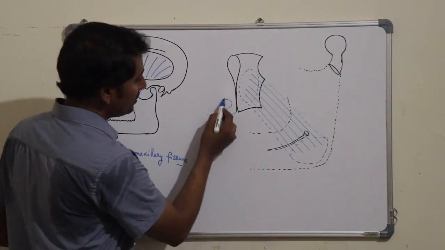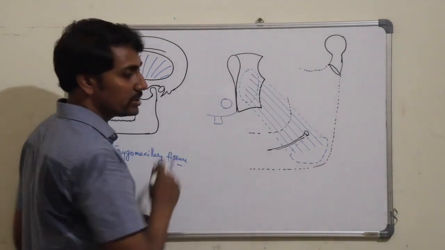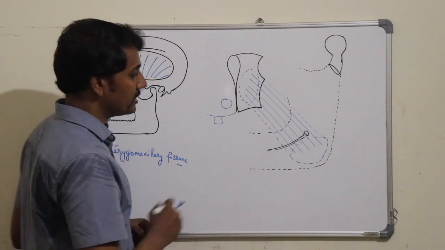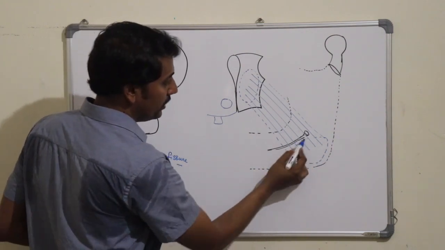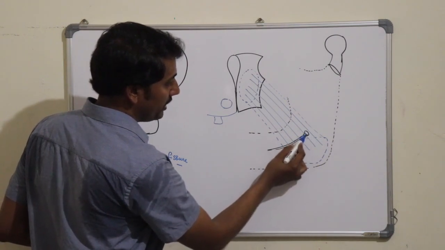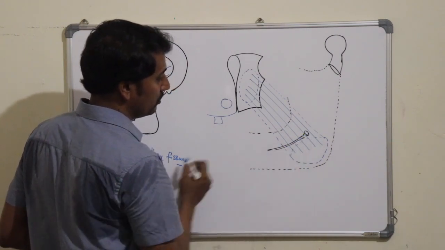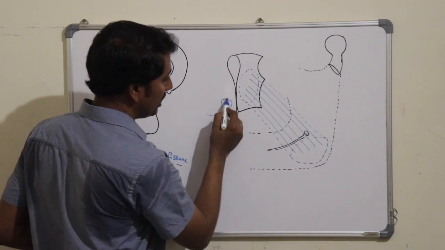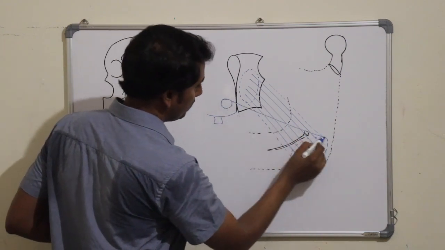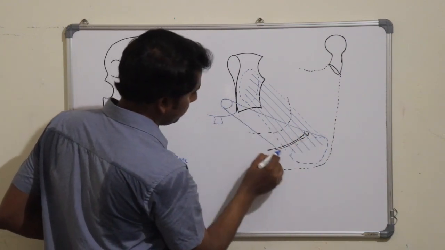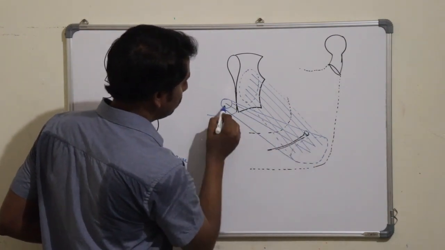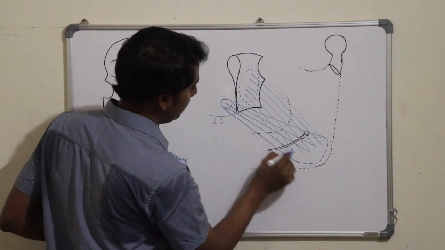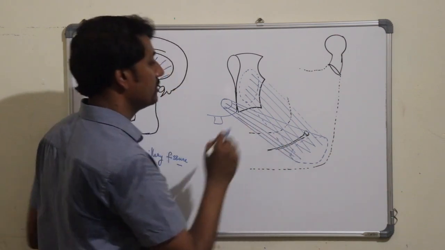So the superficial head will arise from this tuberosity and will get attached to the same area, that is the roughened area present below and behind the mandibular foramen and the mylohyoid groove. So let us draw the superficial head. So the superficial head fibers are also going downwards and backwards.